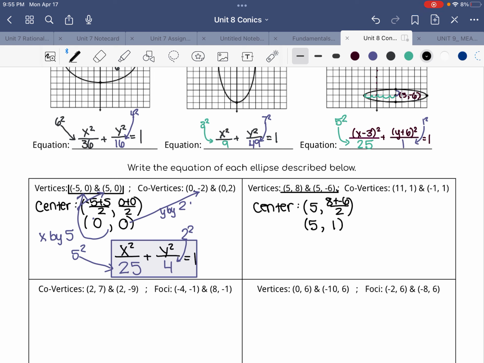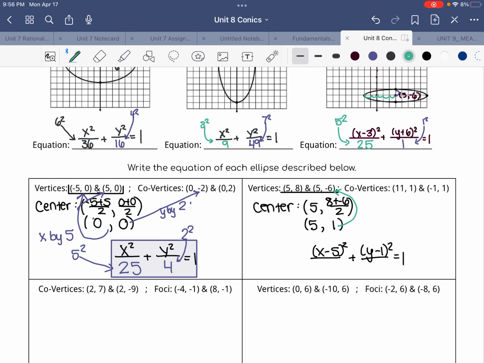So my equation is going to be x minus 5 squared and y minus 1 squared equals 1. Then for the numbers on the bottom, you just have to pay attention to which variable is changing. For example, on the vertices, the 5 is the same, but you go from 1 to -6.